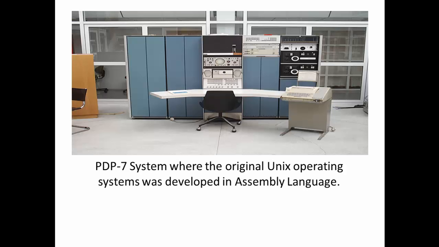So this is a pic of the PDP-7 system. Back in those days, the systems were not like today's IBM-compatible PCs that we use. They were very huge, fitting in an entire room or something like that.